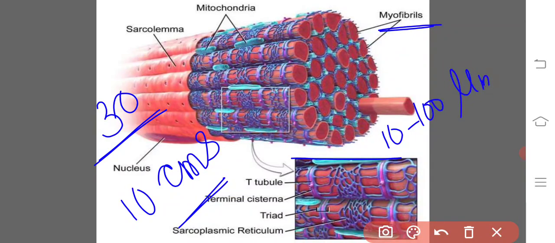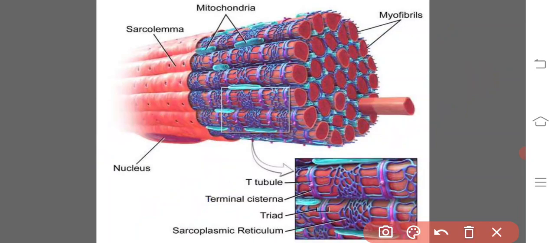The muscle fiber is covered with plasma membrane called the sarcolemma. The cytoplasmic membrane which is surrounding the muscle fiber is known as the sarcolemma. And the cytoplasmic fluid which is present inside the muscle fiber, otherwise the cytoplasm of the muscle fiber, is known as the sarcoplasm.